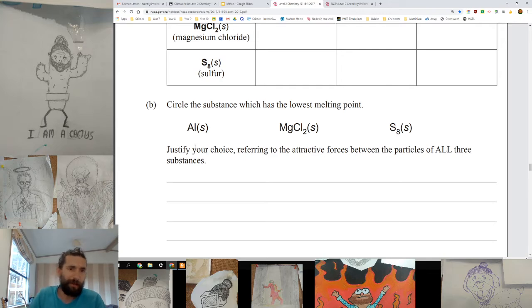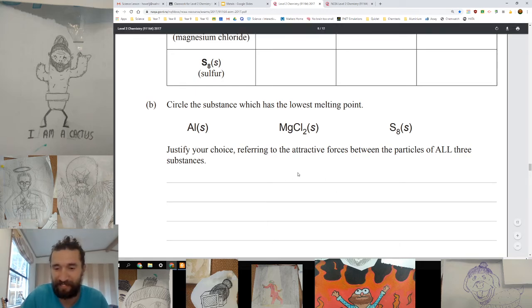We'll just worry about the aluminium today, and what I would say is aluminium is a metallic substance made from a 3D lattice of metal atoms surrounded by a sea of delocalized electrons.